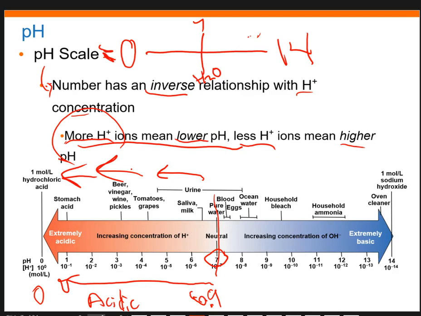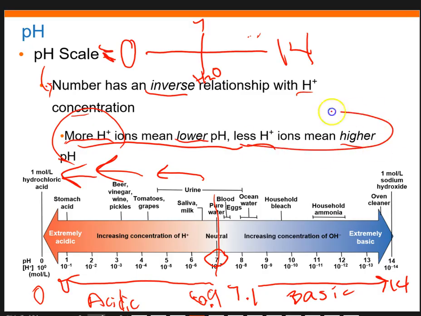And then the opposite, if we go from 7.1 up to 14, that is basic, or alkaline. As we move up with the pH number, that means we're getting fewer and fewer hydrogen ions.